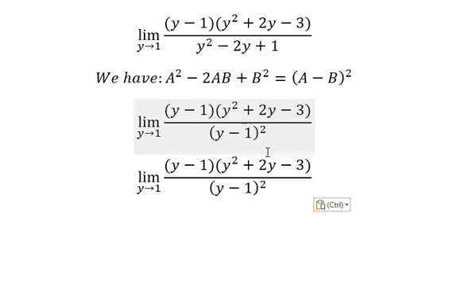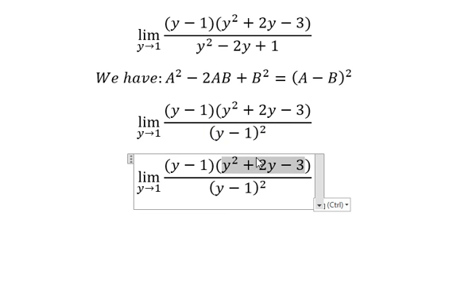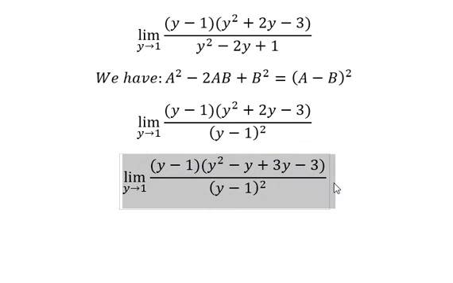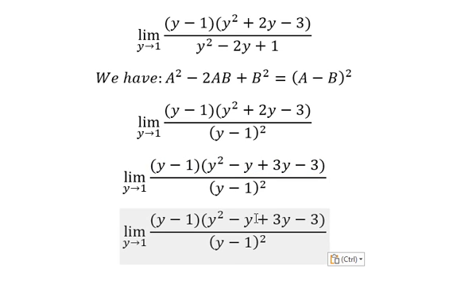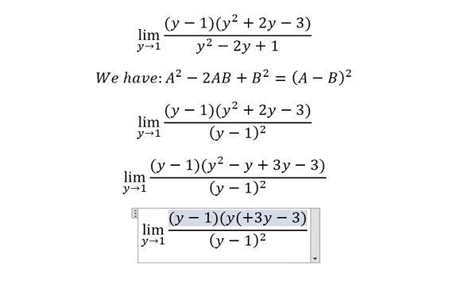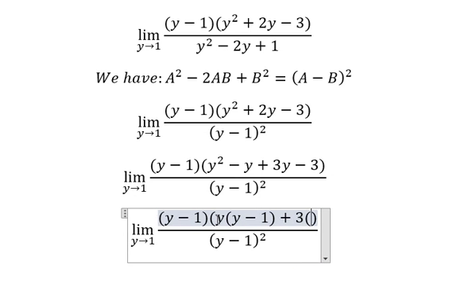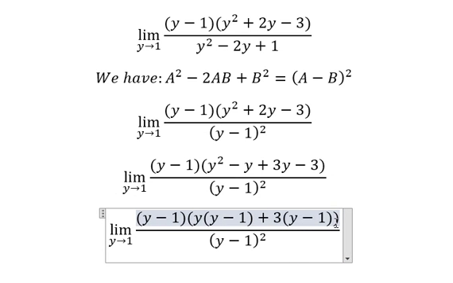Next, about this one, I will put 2y into 3y minus y. So y and y we can do factorization. Number 3 and number 3 we can do another factorization.